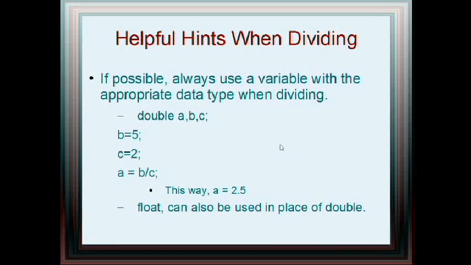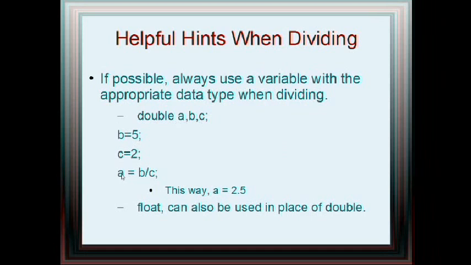Here are some helpful hints when dividing integers. If possible, always use a variable with the appropriate data type when dividing. For example, here we have double variables A, B, and C. So 3 variables of the type double. We have B equals 5 and C equals 2.